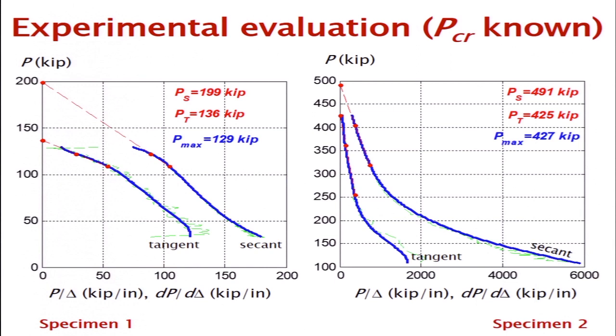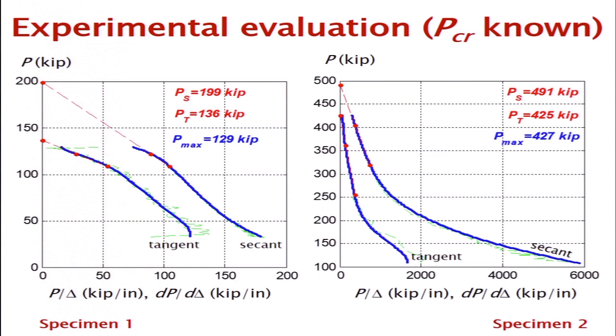Okay, again, here are some comparisons between the tangent approach, which is shown here, and the secant approach. Both of these, interestingly, can be plotted in the same diagram because they are slopes. So you can do that without any problem.